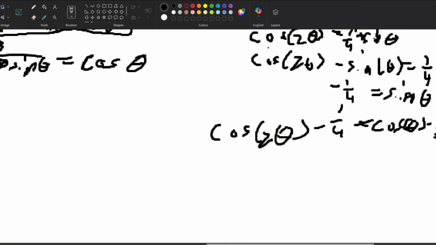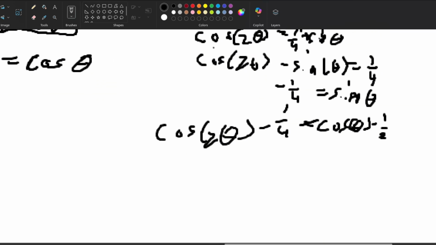And then I'll get to one constant, add 1/4 on both sides, is equal to cosine of theta plus 1/4 minus 1/4. Oh, I could just go like that. I forgot about that. Anyways, so then cosine of 2 theta is equal to cosine of theta minus 1/4.